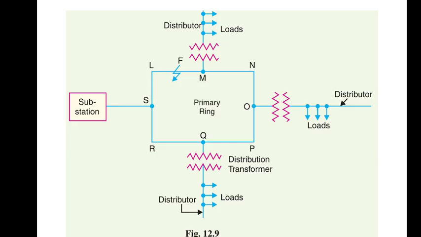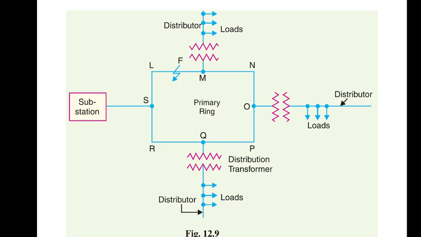The ring structure allows electricity to flow in more than one direction, which significantly enhances system reliability. If a fault occurs at any point along the ring, that section can be isolated without interrupting the entire supply, and power can still reach customers from the opposite direction.